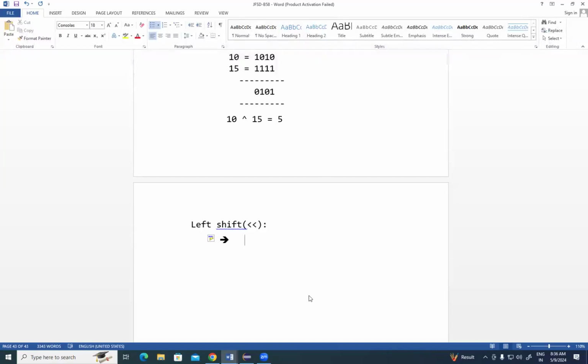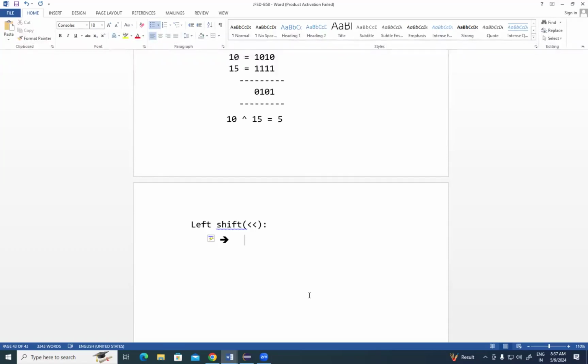For example, if I'm writing 10 left shift to 2, what do you mean by that? It means shift the digits 2 times to the left. If you shift the digits to the left 2 times, you will get empty space at the right. Fill those empty spaces with zeros.